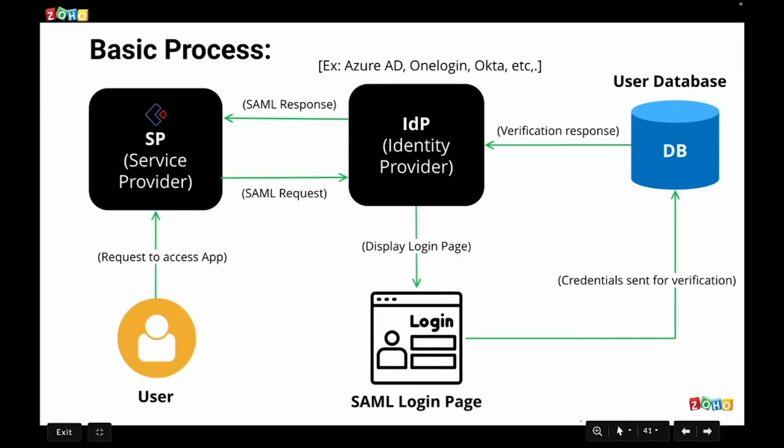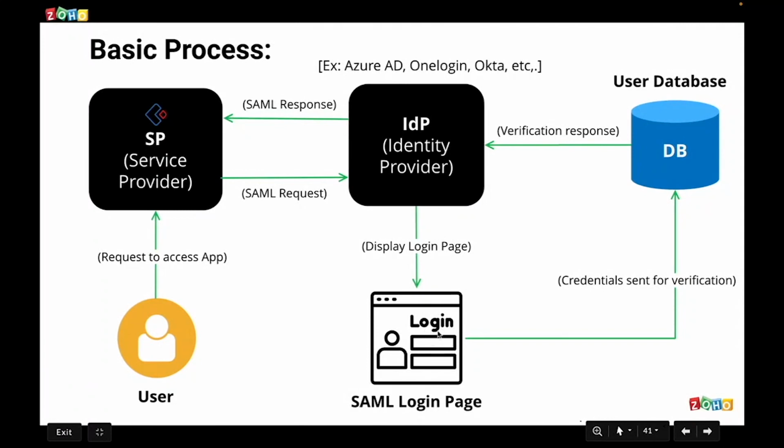So let's see how a basic process of SAML authentication works. So now here we have a user who is trying to access the portal, customer portal of Zoho Creator, which is service provider. So when they try to access the portal, a SAML request from service provider Zoho Creator will be sent to the identity provider, which can be Azure Active Directory. So when it redirects to identity provider, it's going to display the login page.